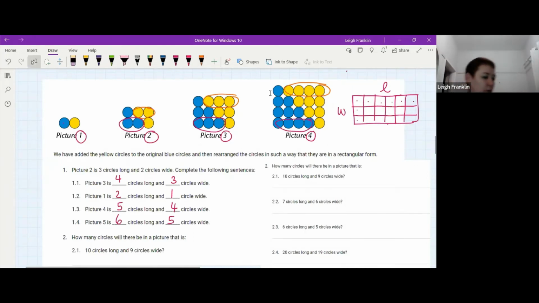Okay, so now in question 2.1, I know Tabani wants to do 2.2. Motibang, you do question 2.1, please. Okay, ma'am. Yeah, so now it's 10 circles long and 9 circles wide. How many circles in total in that picture? It's a difficult question, isn't it?